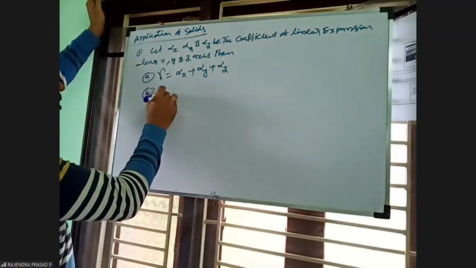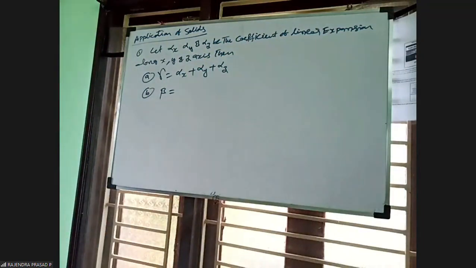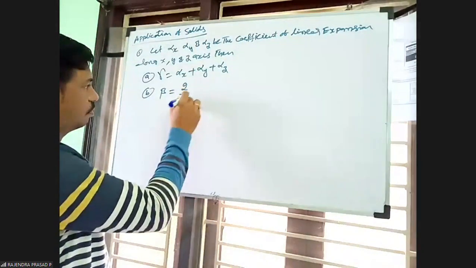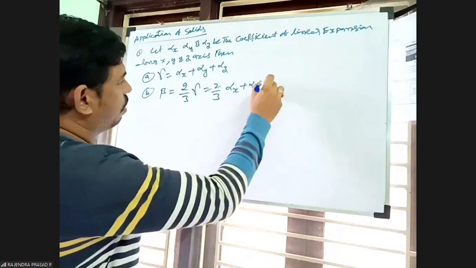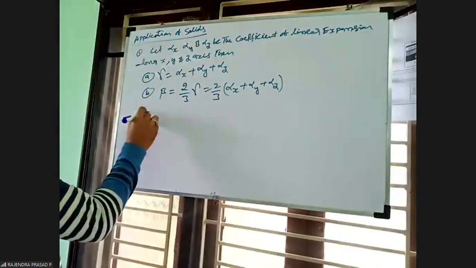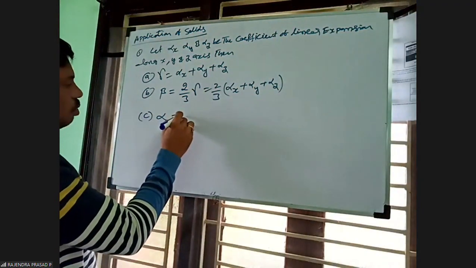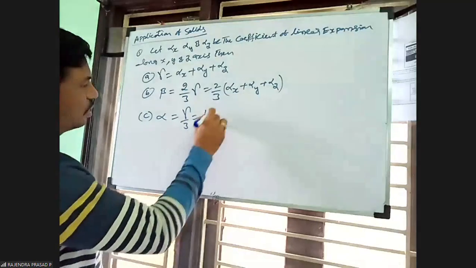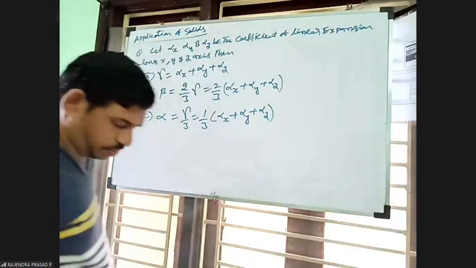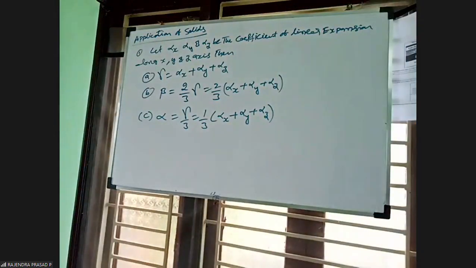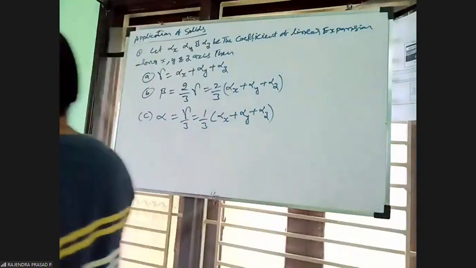Beta is equal to 2 by 3 into gamma, so beta equals 2 by 3 into alpha x plus alpha y plus alpha z.